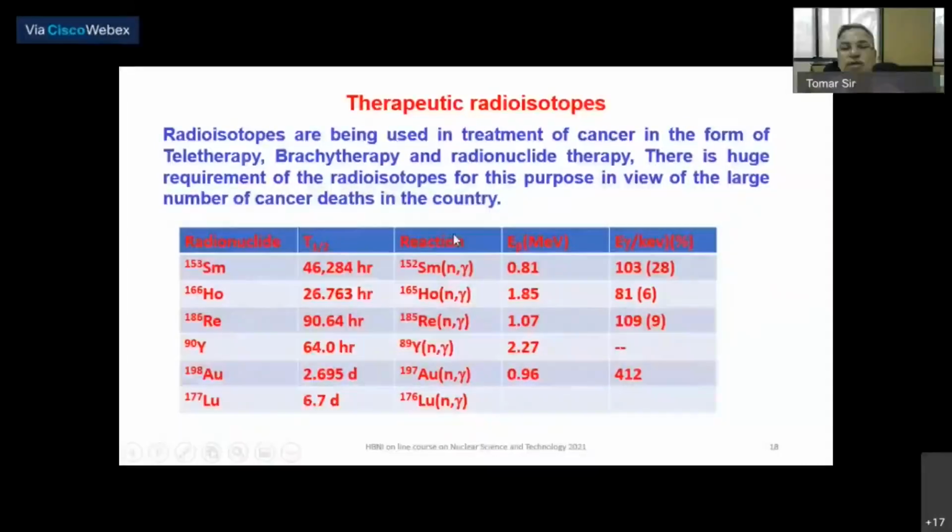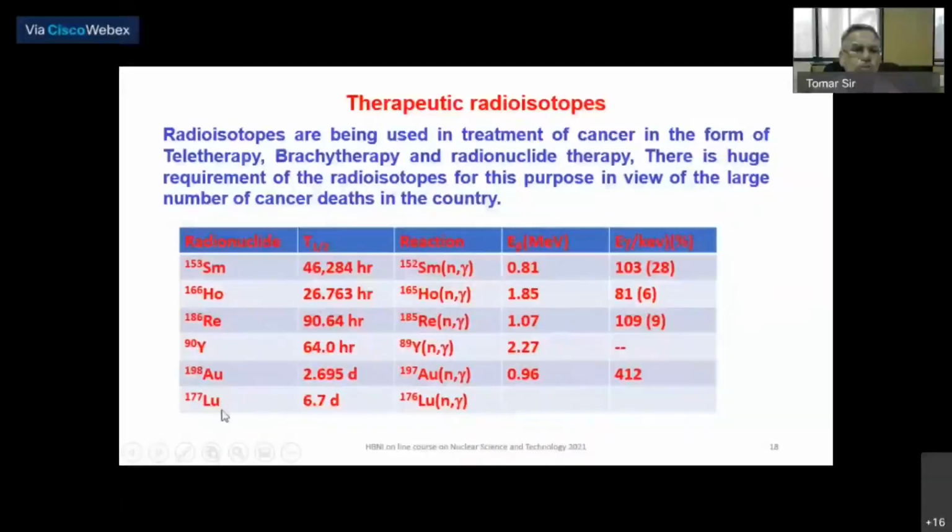I will not intrude into the other aspects of nuclear medicine, but the therapeutic radioisotopes are used in treatment of cancer in the form of teletherapy, brachytherapy, and radionuclide therapy. There is a huge requirement of radioisotopes for this purpose in view of the large number of cancer deaths in the country.